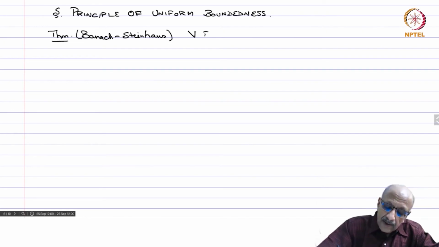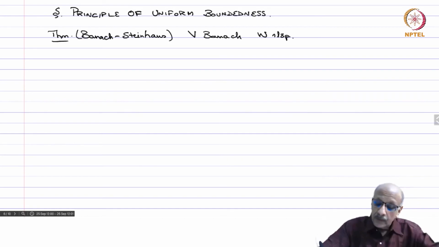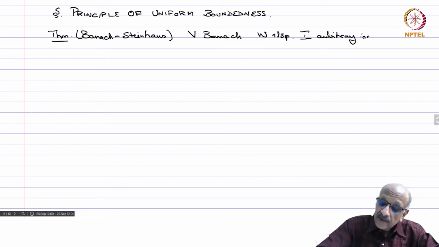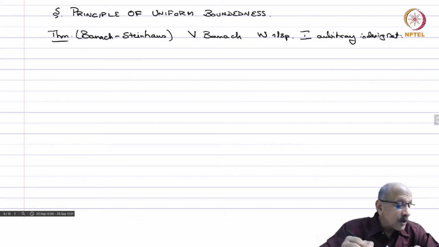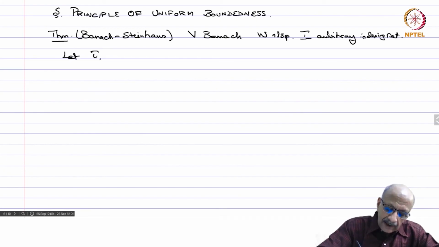Let V be a Banach space and W a normed linear space. So I am not assuming W is complete. Let I be an arbitrary indexing set. So this could be finite, countable, uncountable, whatever. And let Ti belong to L(V,W), a bounded linear operator from V to W, for i in I.